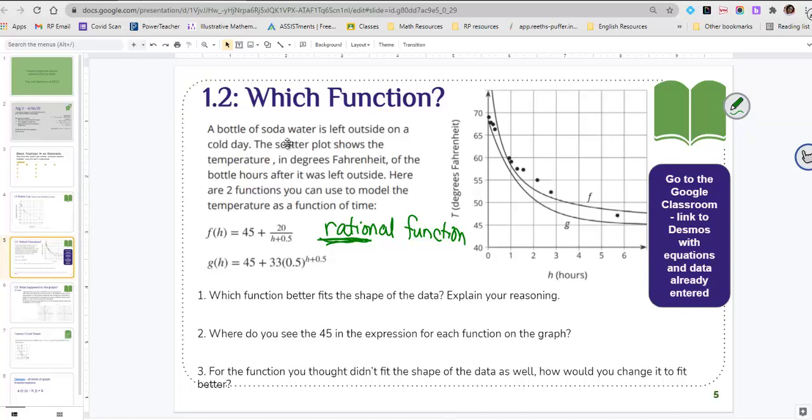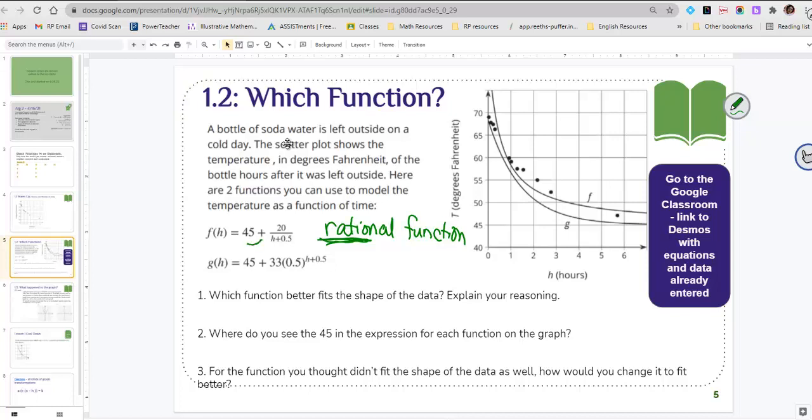So if you remember, this was when we were having things like, we were ordering t-shirts and we were finding the cost per shirt depending on how many shirts we bought. Or we were looking at a current in a river, and if the current was going too fast, our boat would never get to where we were going. So distance, rate, and time.